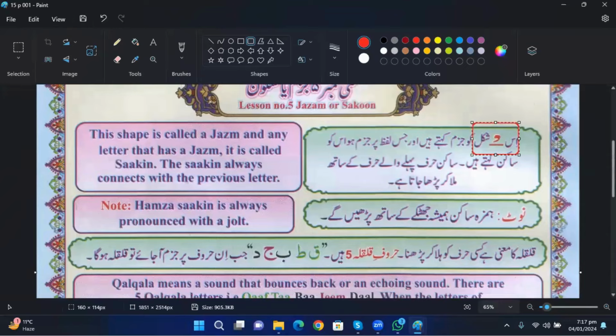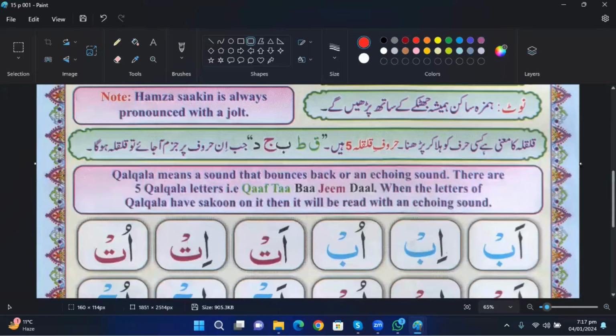Moreover, you can clear them that when Hamza has sukoon over there, that will read always with jalat sound. Here, you can tell them about qalqala, that what is qalqala? Qalqala means a sound that bounces back or is called an echoing sound.